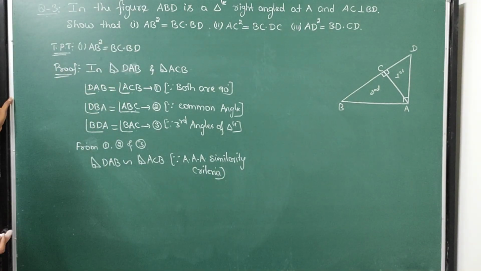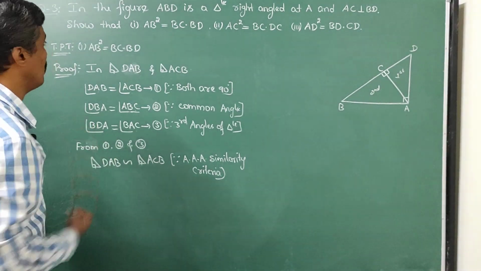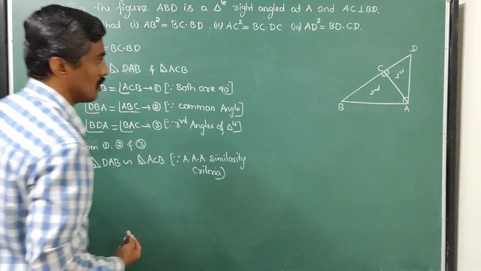If they are similar, then their corresponding sides are in the same ratio. So let me apply. We want AB, correct?